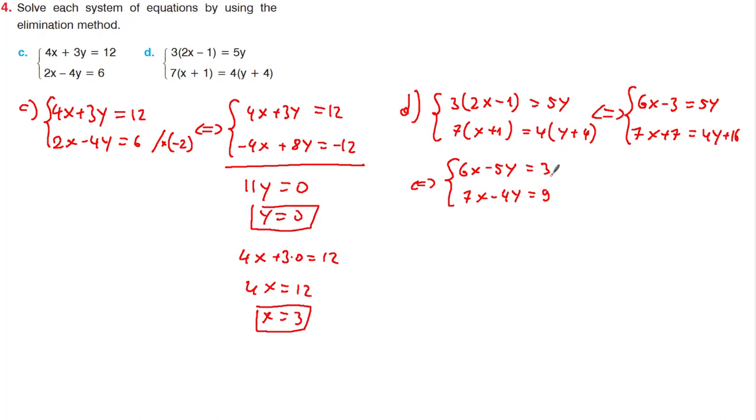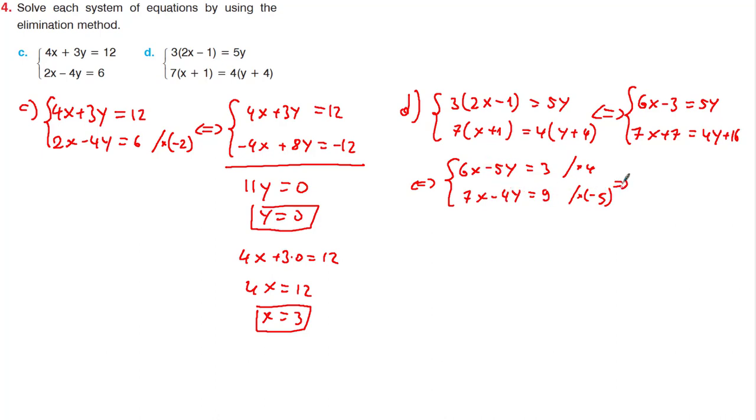In order to get opposite terms on these equations, we can multiply the first equation maybe by 4 and the second equation by negative 5. Why are we multiplying by these constants? In order to get opposite terms here.